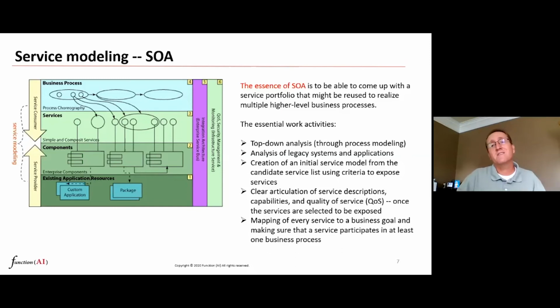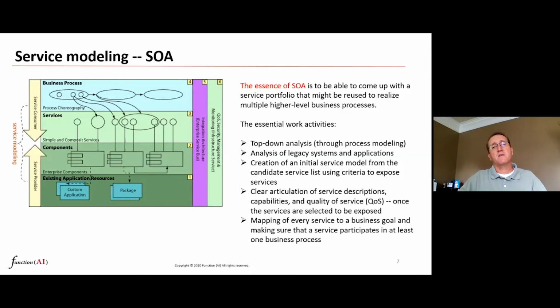What does the IT organization provide to the business to meet business needs that you can standardize so that on a long-term basis, you can start providing multiple higher level business processes that allow you to repeat, to provide a portfolio to business stakeholders who may come in and say, I would like to do this, and you may already be providing that, or you know that with a combination of business services that you already offer, you can offer a new business service that they're looking for and introduce them to.